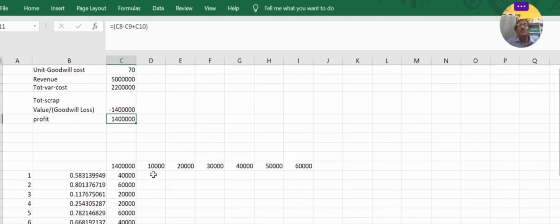Now we have to calculate this profit amount for different options of production. Your maximum demand is 60,000. That's why we have taken the production units starting from 10,000, 20,000, 30, 40, 50 and 60.